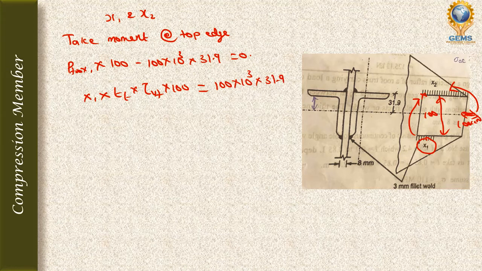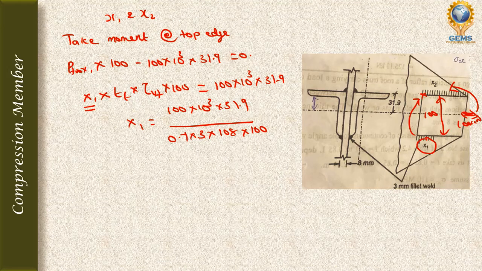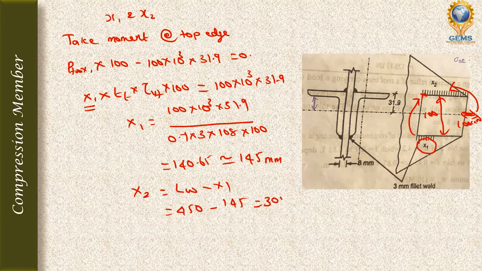So here the only unknown is x1. So x1 is equal to 100 into 10 to the power 3 into 31.9 divided by 0.7 into 3 into 108 into 100. So the x1 value is 140.65. So we assume it as 145 mm. Now we have to find the x2. x2 is very easy. LW minus x1, that is 450 minus 145, which is equal to 305 mm.